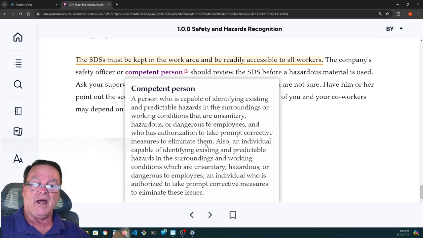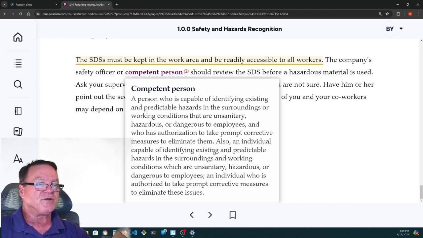We're all qualified, but the company appoints one of us to be a competent person. They say, you have the authority to tell the others they have to wear their safety glasses. You have the authority to shut down the job. If there's a life-threatening situation that you recognize, you can shut down the job. That's the competent person. That word "and" has authorization to take prompt corrective measures to eliminate those hazards.